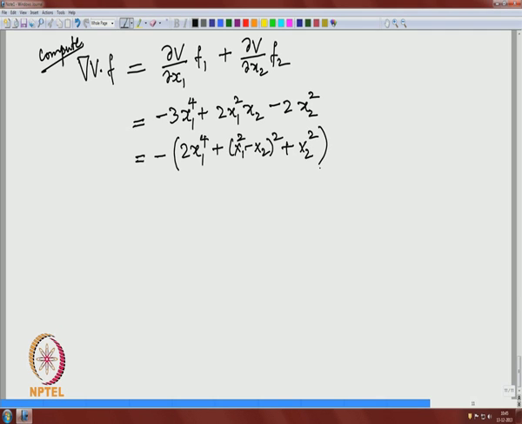Okay. And all the three things in the bracket are non-negative, and it is 0 only if x1 equal to x2. So, this is negative definite.